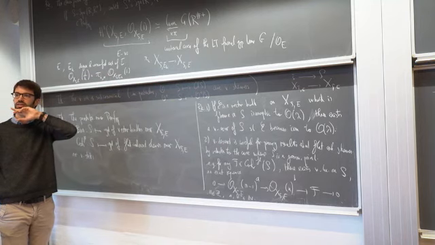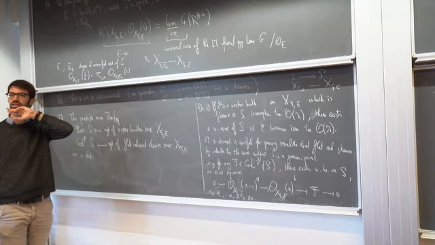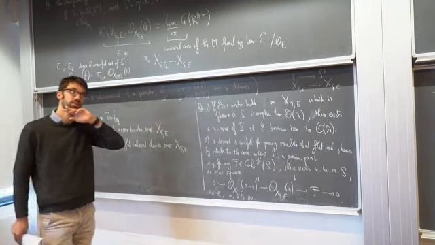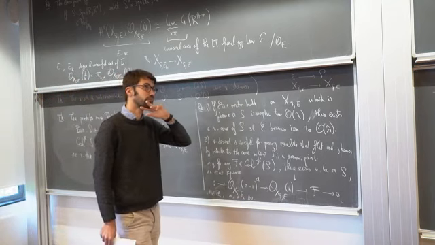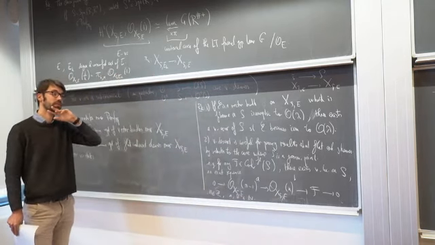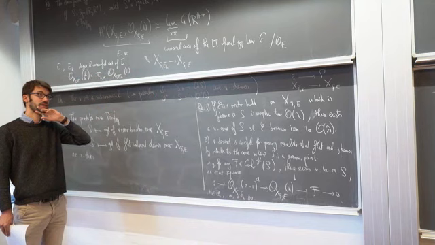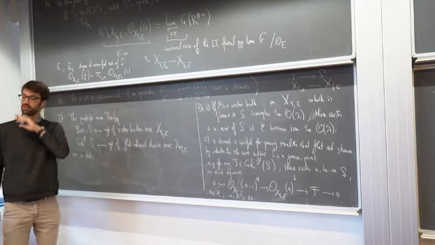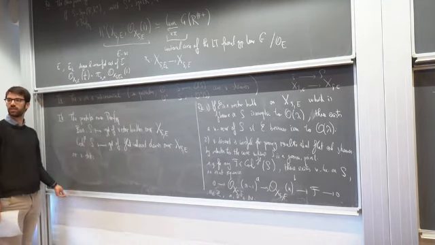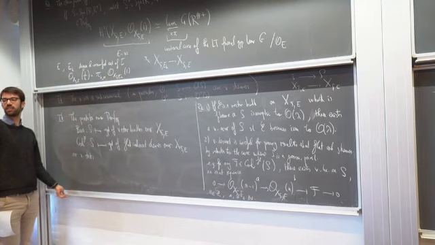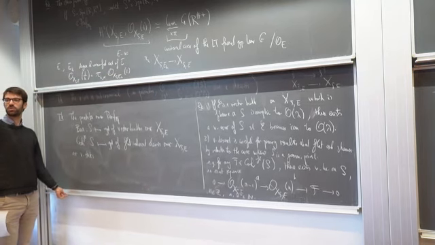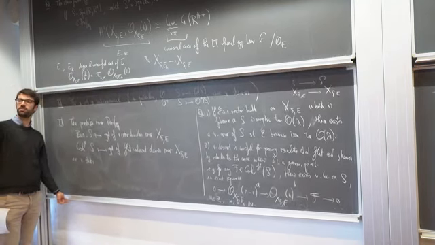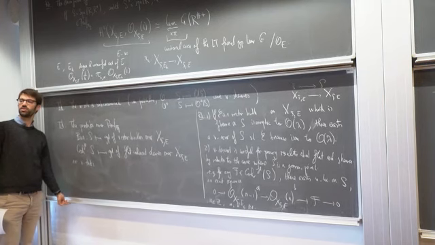Maybe I should ask the same question not on S but on X_S. Shouldn't the Brauer group also be trivial if S is strictly totally disconnected? Yes, you can maybe reduce to the claim for when S is a geometric point.